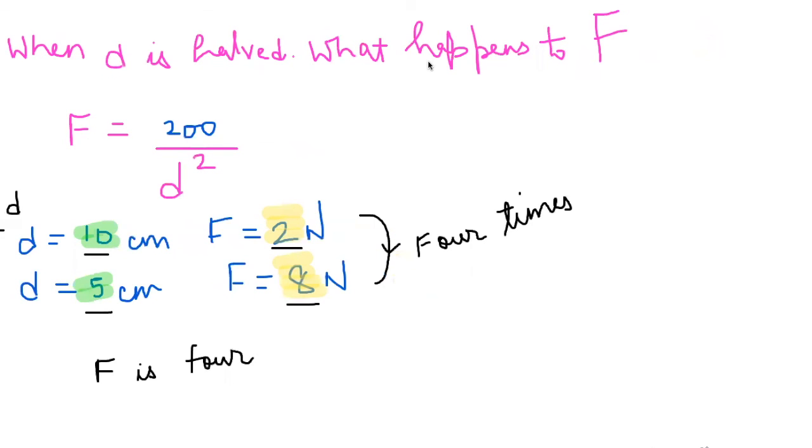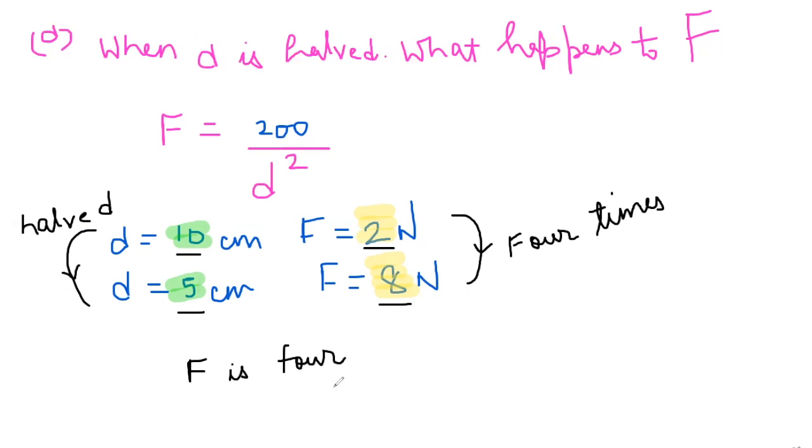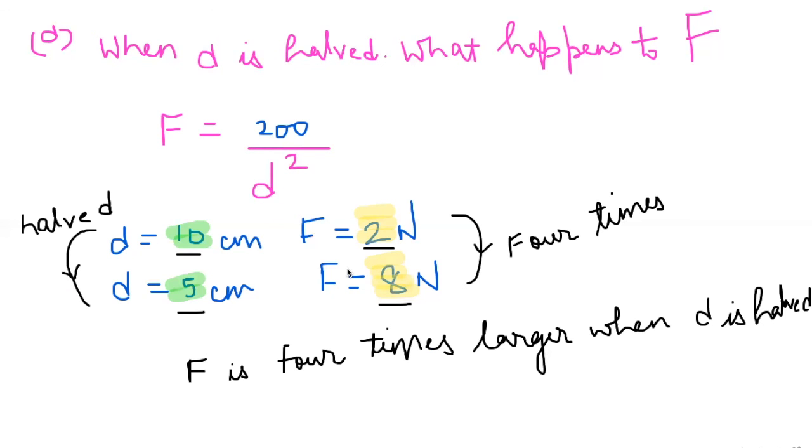You can draw a conclusion from the previous parts which were given in this question, or you can take your own example. So I just took data from before and I wrote it here. And I noticed as d is halved, as you can see in this example, force is becoming 4 times larger than what it was.